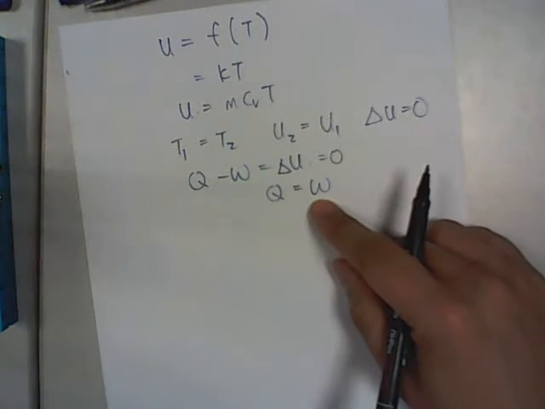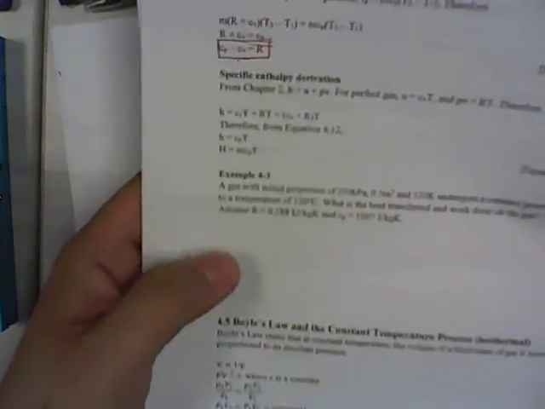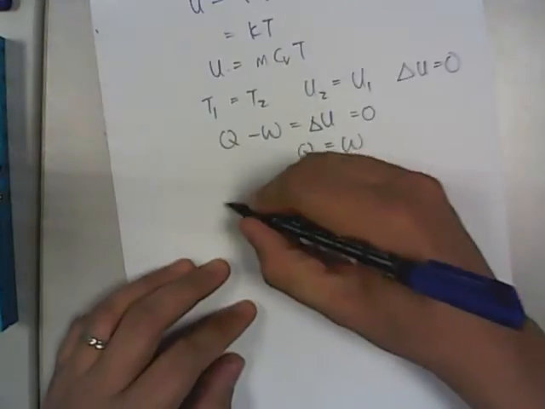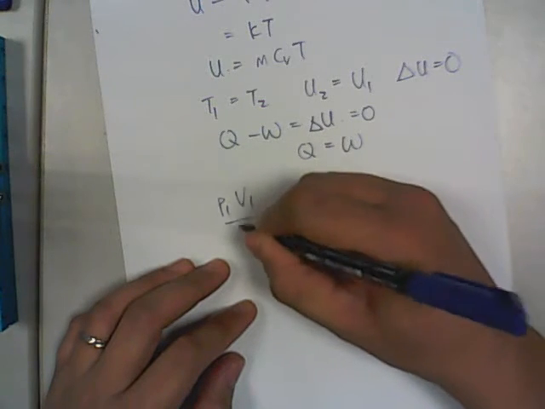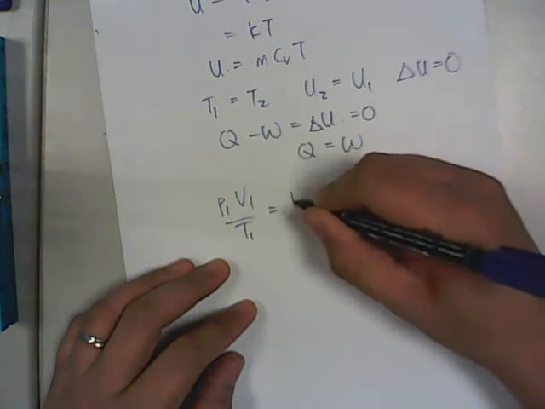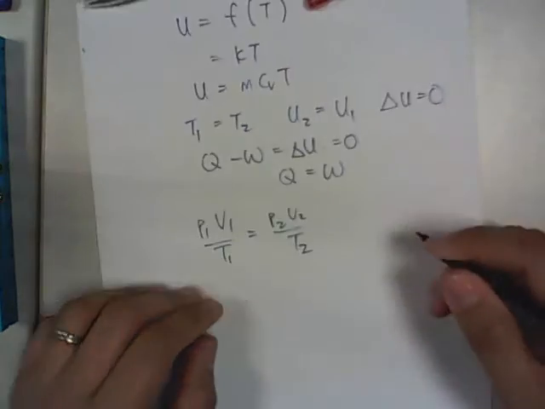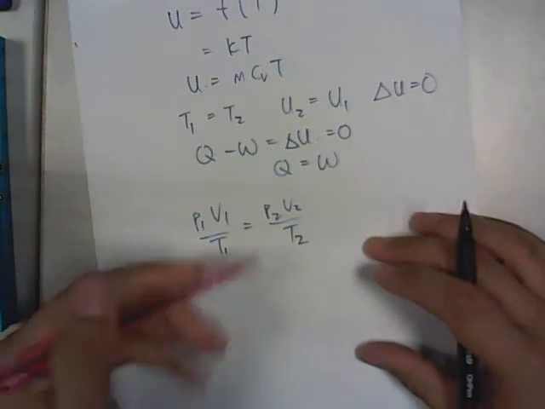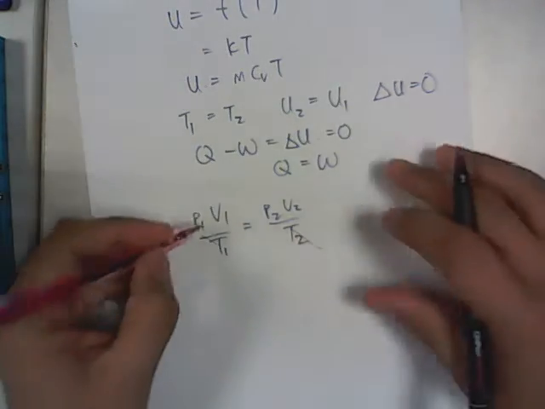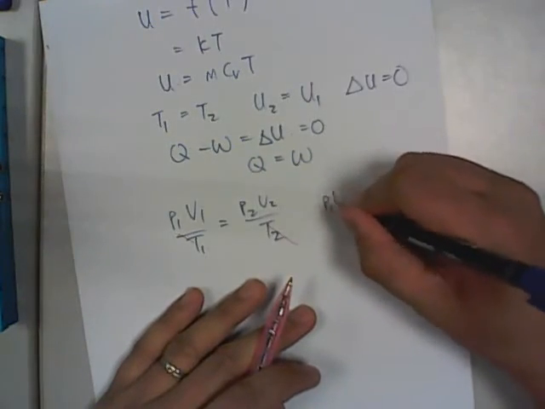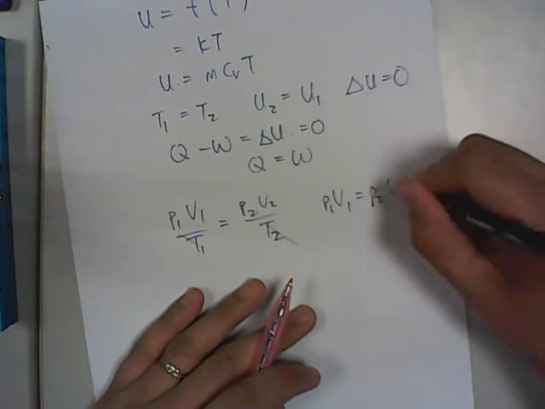We will talk about this a bit later, but in chapter 4, in section 4.5, page 57, if you look at this, P1V1 over T1 equals P2V2 over T2. If my temperatures are the same, the equation becomes P1V1 equals P2V2.